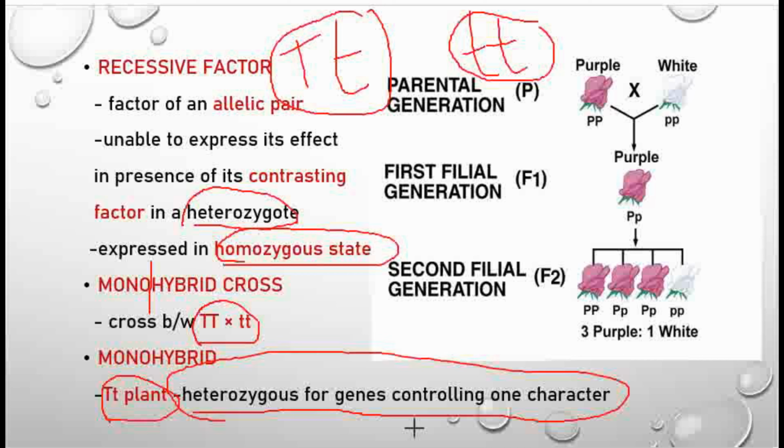The plant with the combination capital T small t is heterozygous for genes controlling one character. Here he has taken height. So it is a monohybrid. So this combination plant is known as the monohybrid. So it is heterozygous; in this combination we call it heterozygous.